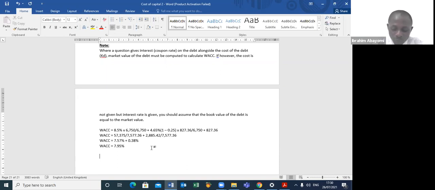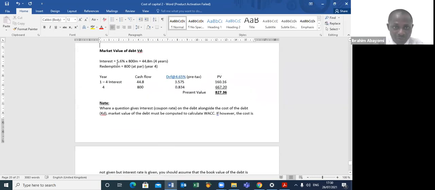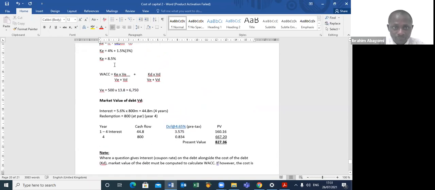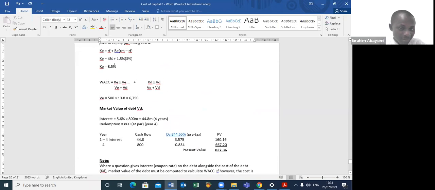So from this information, we have computed our current cost of debt. How did we compute that?